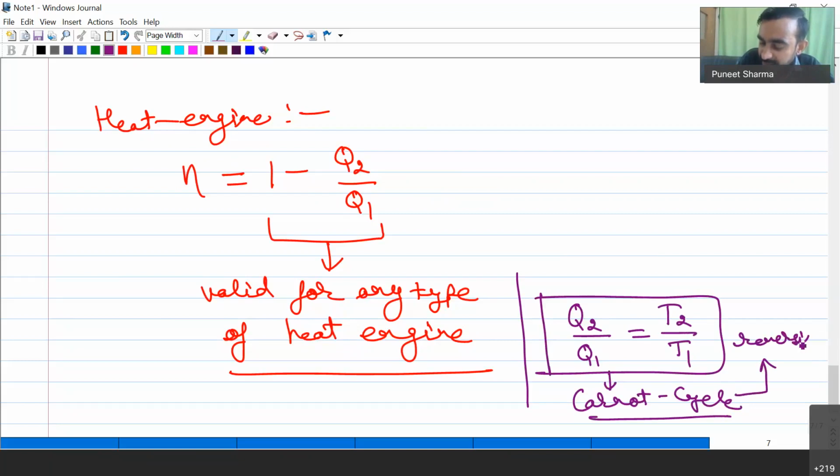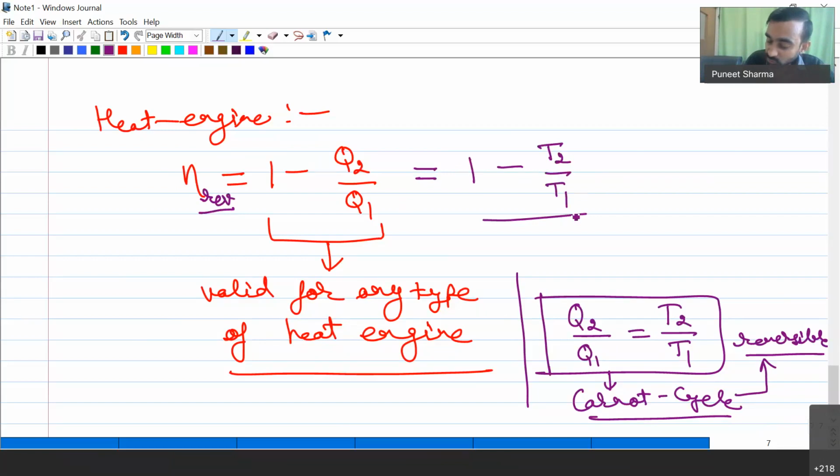So I can substitute Q2 by Q1 equal to T2 by T1 only if all the processes in the cycle are reversible. So for the efficiency of the reversible cycle, I can simply write Q2 by Q1 equal to T2 by T1, and finally I find the efficiency of the heat engine as 1 minus T2 by T1.